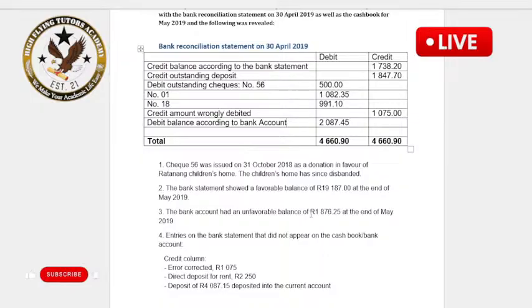This transaction is going to be recorded in the bank account, because we indicated to the bank to debit this account. Now because the payment is being reversed, we need to debit our bank account.